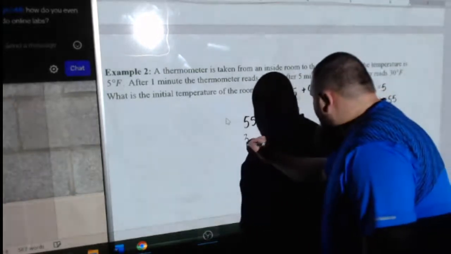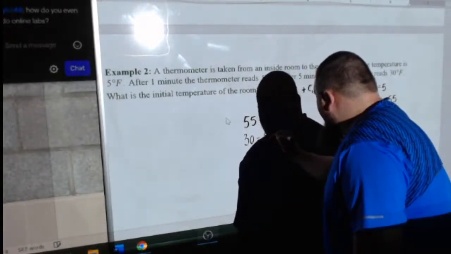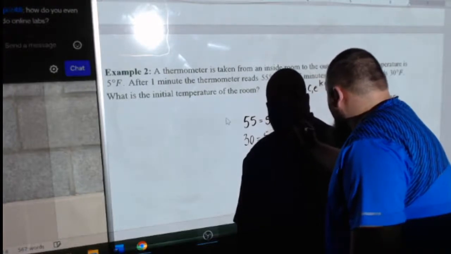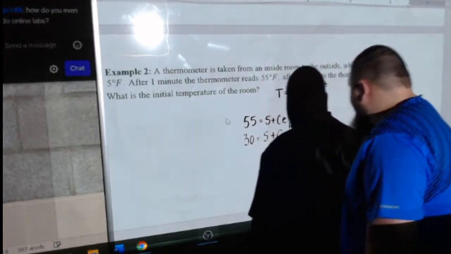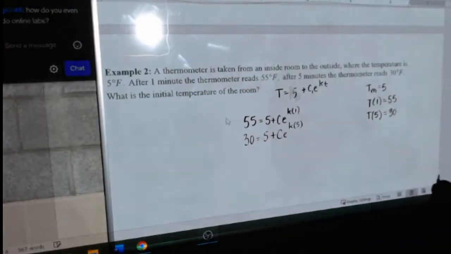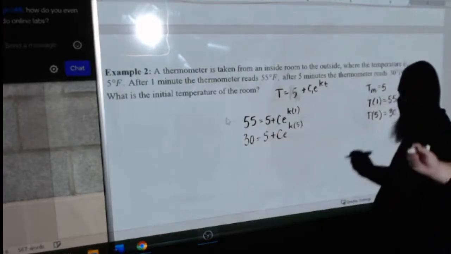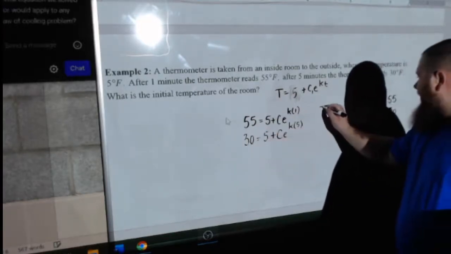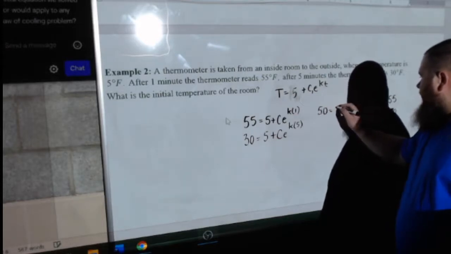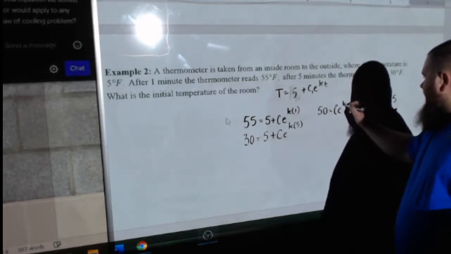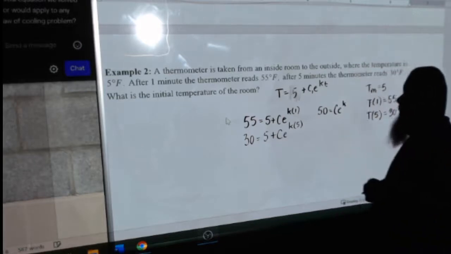So 30 equals 5 plus C e to the K times 5. I can simplify these slightly by moving this 5 on both of them to the other side. So I now have 50 equals C e to the K, right? I don't need to write the 1.